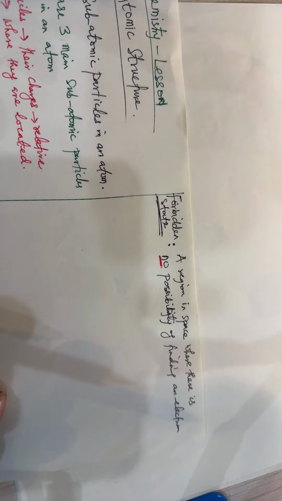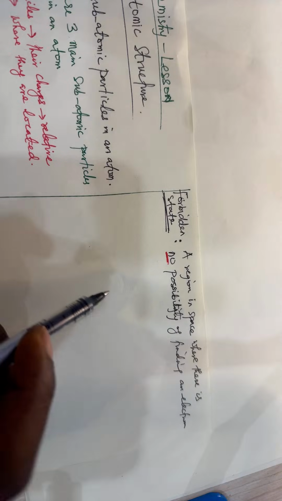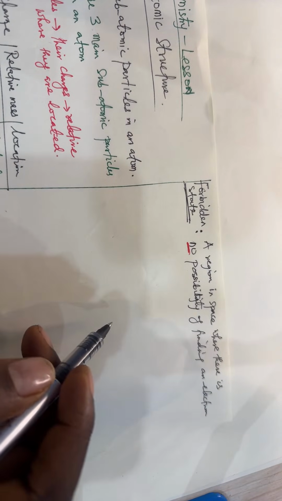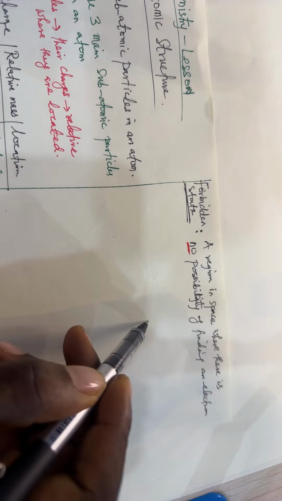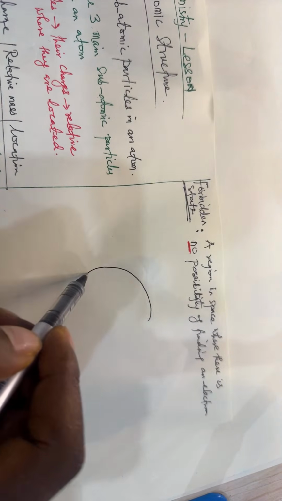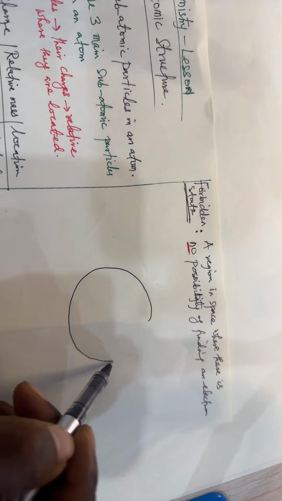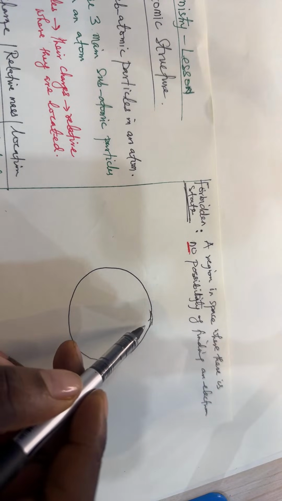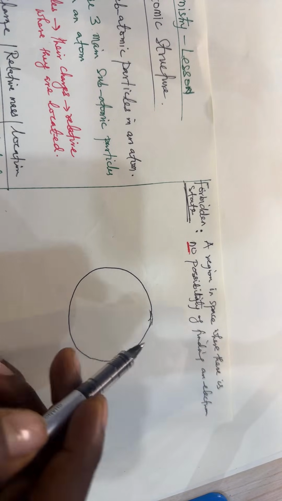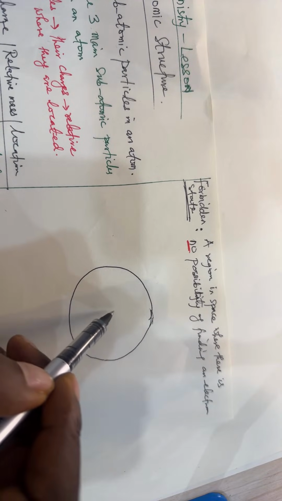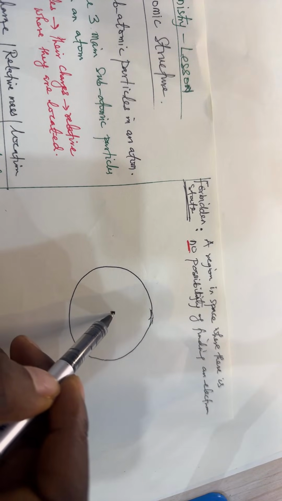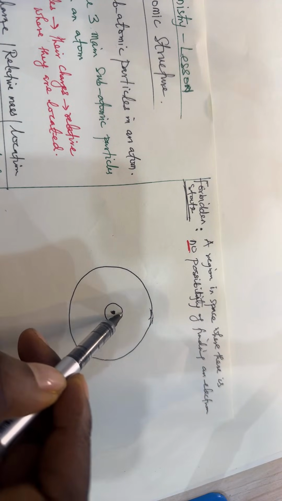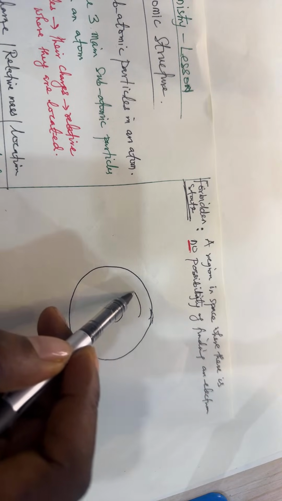So now, basically, what we are saying is that this is an atom consisting of a central nucleus. If we assume this to be an atom containing the central nucleus, this is the nucleus.